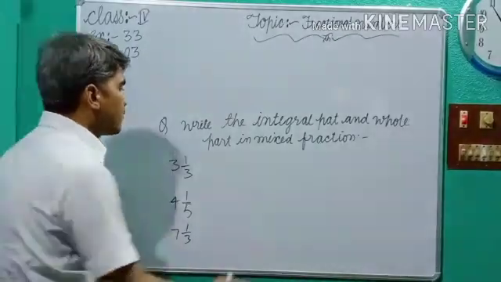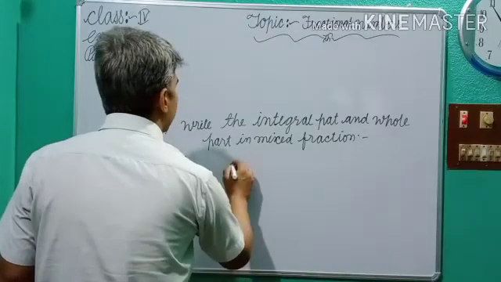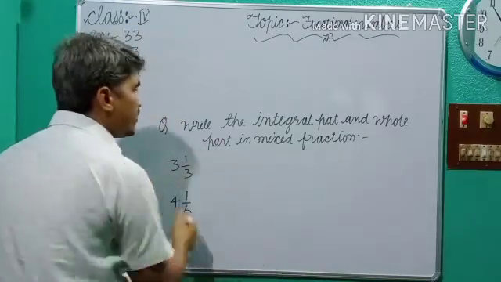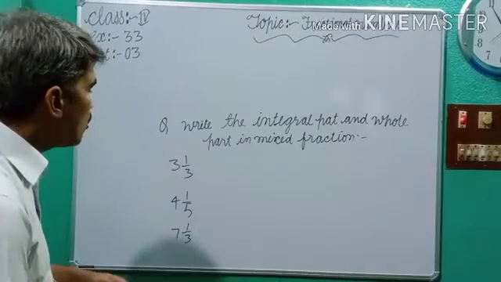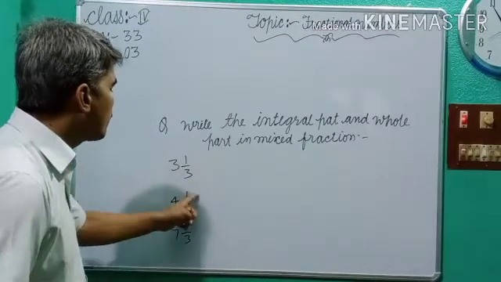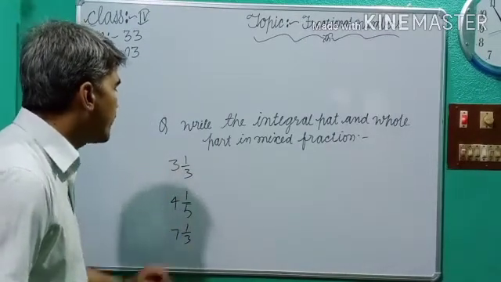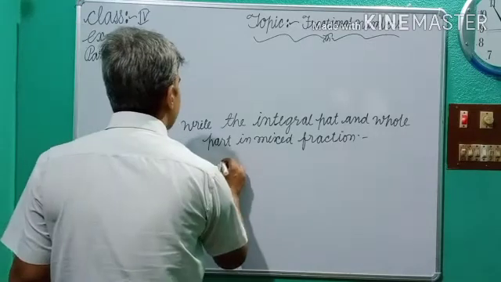You know, here 3 upon 1 by 3. First of all, you read how to read: 3 upon 1 by 3, 4 upon 1 by 5, 6 upon 1 by 3. Integral parts.